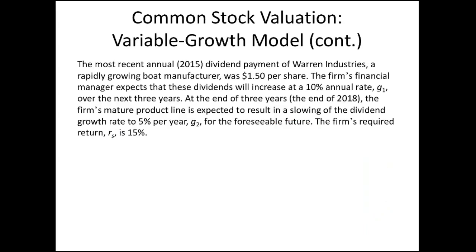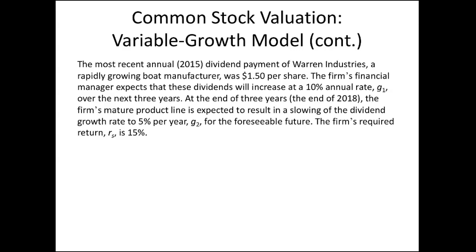So let's work through an example, because the example isn't nearly as scary as all those formulas are. The most recent annual dividend payment of Warren Industries was $1.50 per share. The firm's financial manager expects that these dividends will increase at a 10% annual rate over the next 3 years. Now that's their growth.